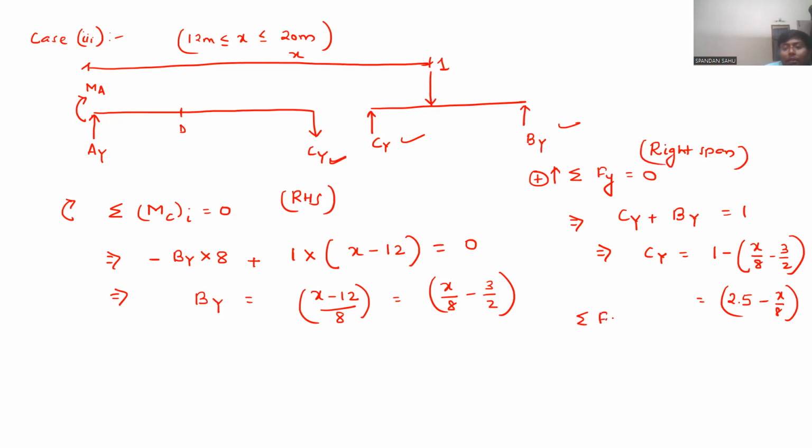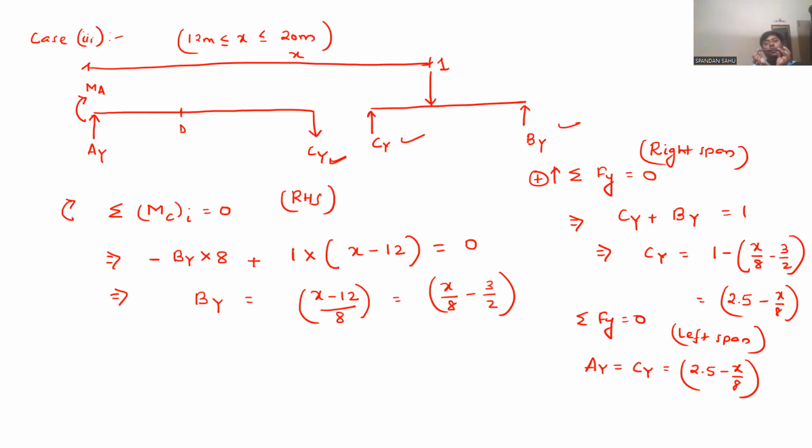Now summation of Fy equal to 0, if you do for the left span, you will get Ay equal to Cy equal to 2.5 minus x by 8. So you got Ay.